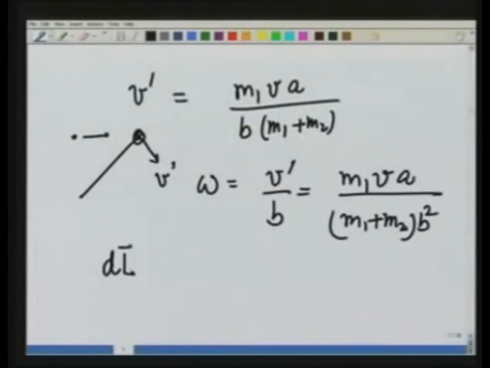So, the point I am trying to make through these examples is that applying the formula dL over dt equals tau, or its consequence that tau 0 means L is a constant, is equivalent to applying Newton's second law. Therefore, depending on the situation and particularly in rigid bodies, we are going to use this, which is much more convenient to use.